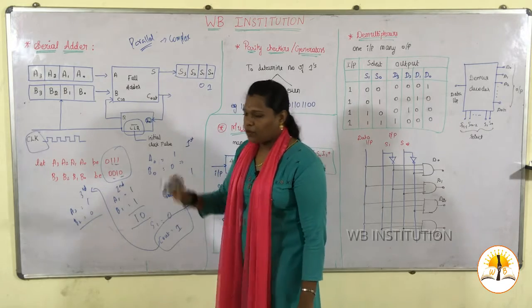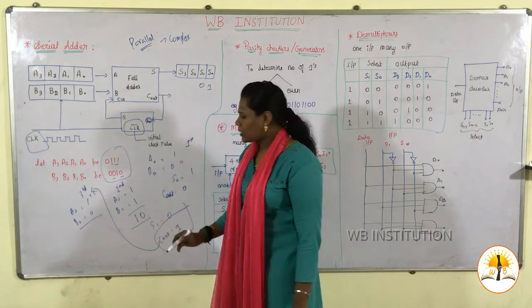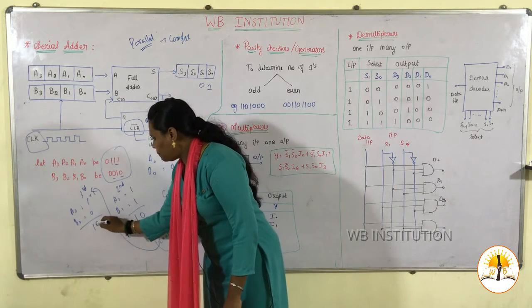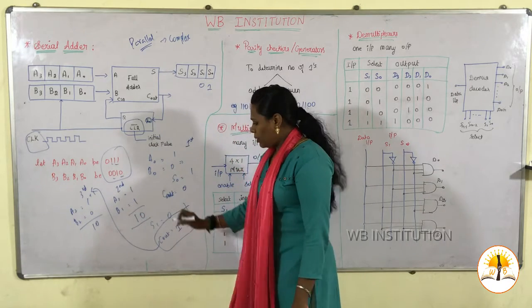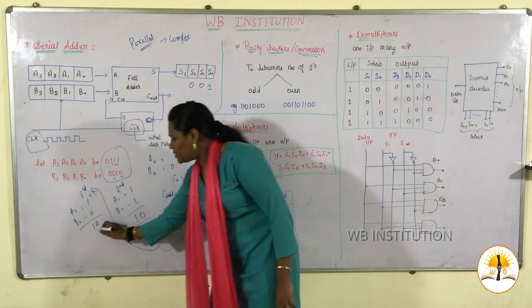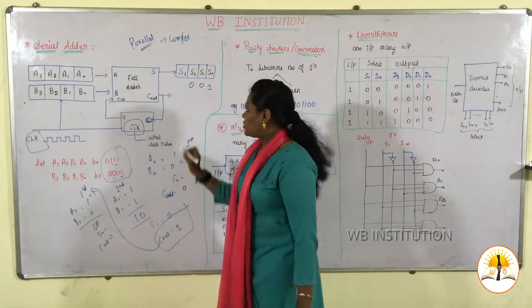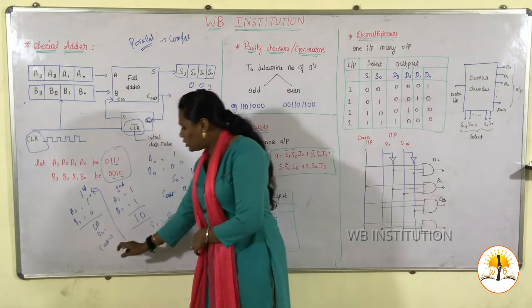That 1 must be carried there, plus 1. So 1 plus 1 is 10. The sum S2 will be 0, and C out here will be 1. So C out is 1 for the third clock pulse.